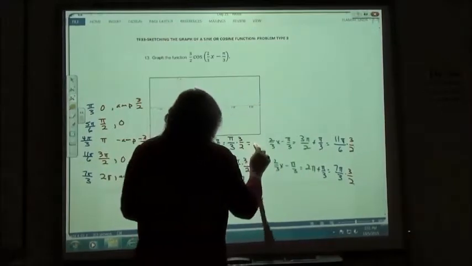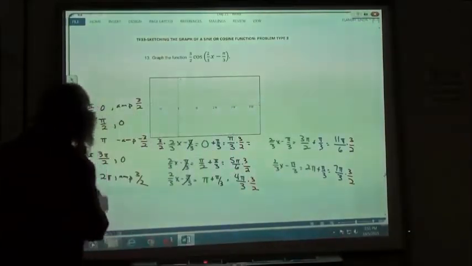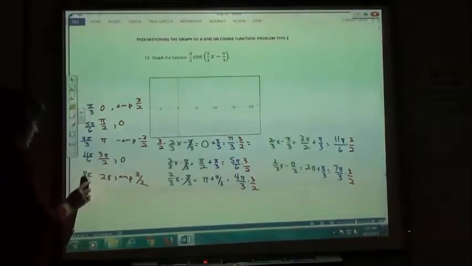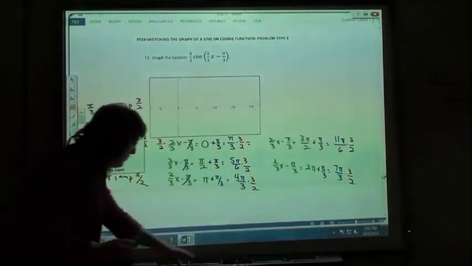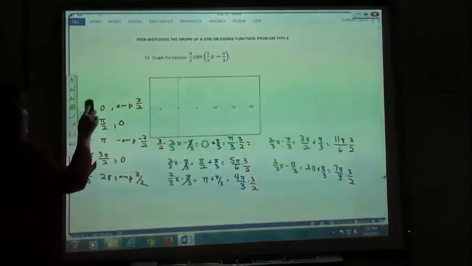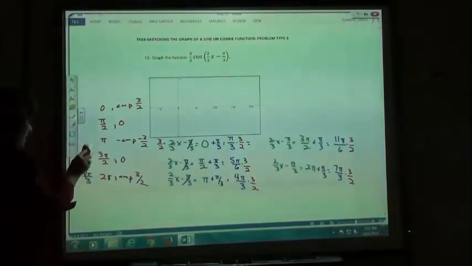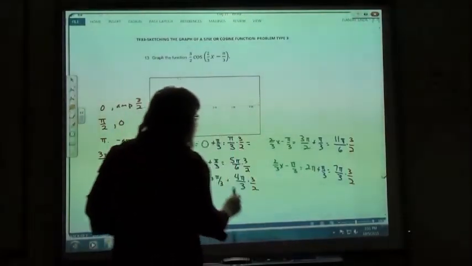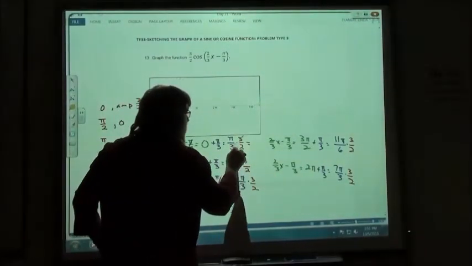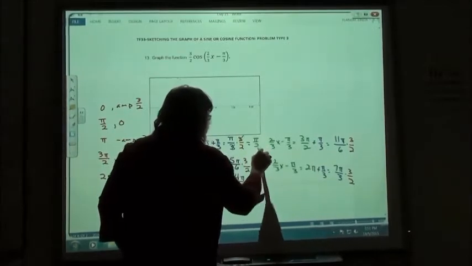So now, let's get rid of those because those were not my numbers yet because I cheated. So now, if we multiply, this is going to give me pi over 2.